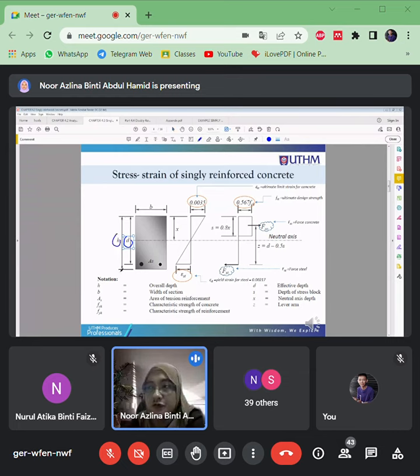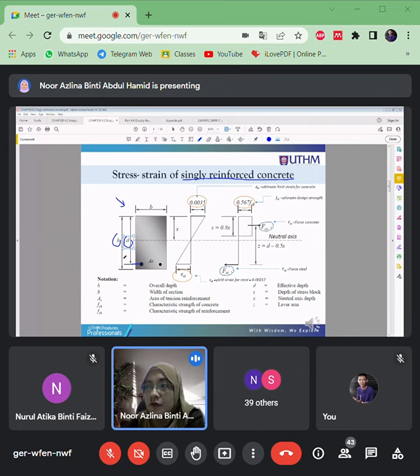Okay, full depth for the beam. D from the top surface to the center of AS, to the center of tension reinforcement. This is how we sketch the singly reinforced concrete beam cross section.